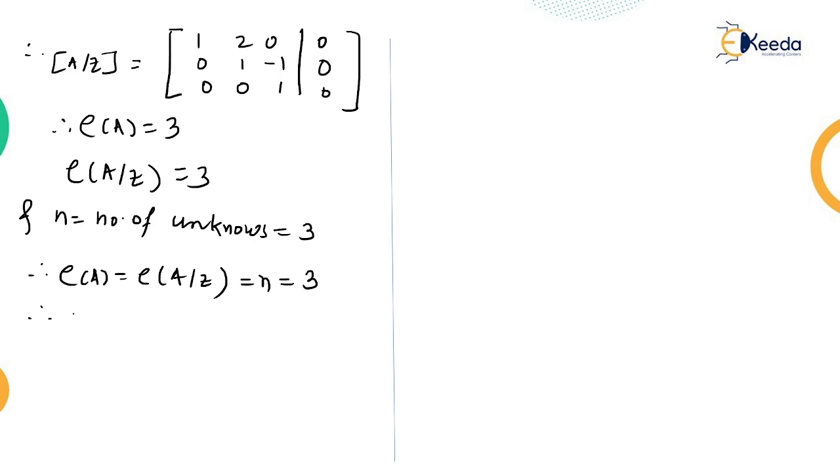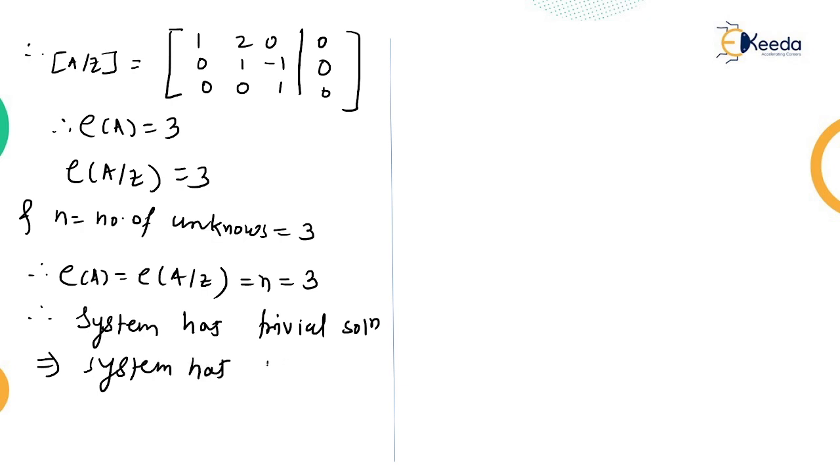So the system has a trivial solution, meaning the system has a unique solution.